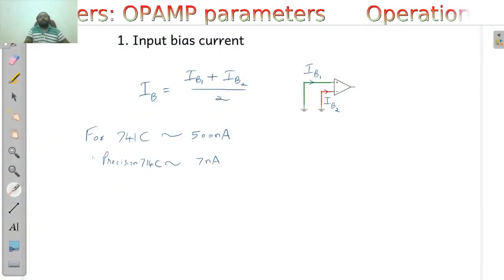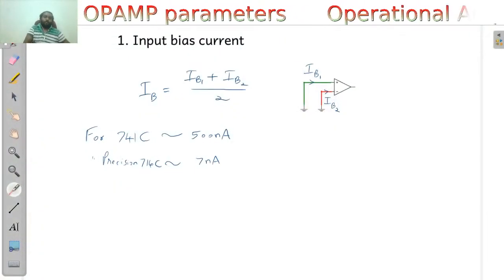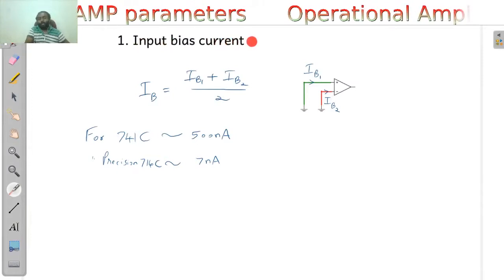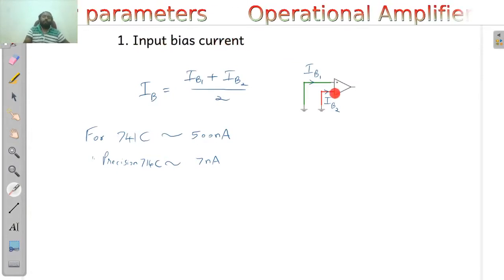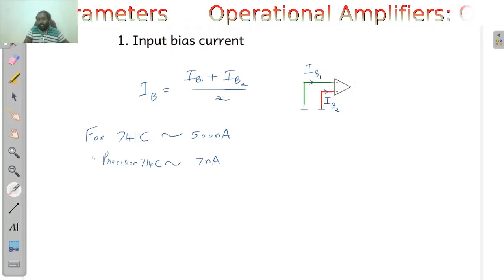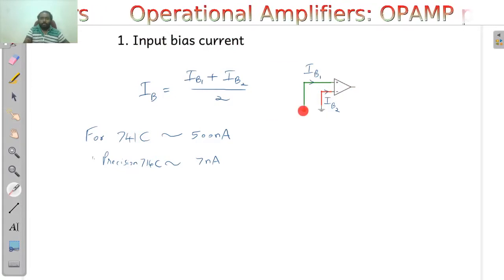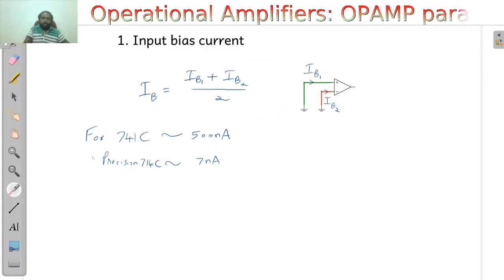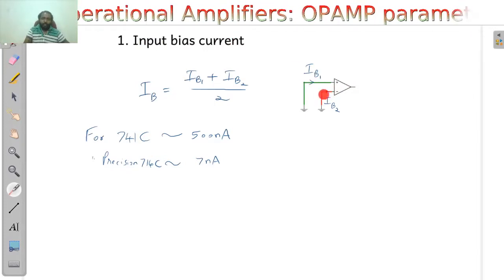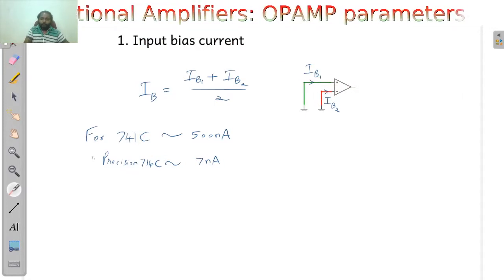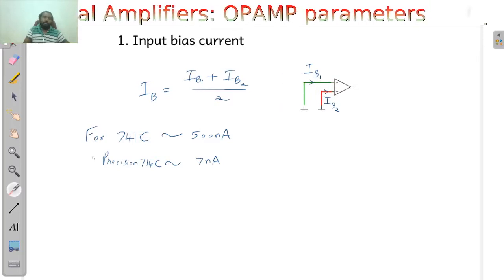The first operational amplifier parameter that we are going to discuss is input bias current. Suppose we have an operational amplifier here, and I am connecting these two inputs to ground. Still, you will have some input current flowing into the operational amplifier through these terminals.